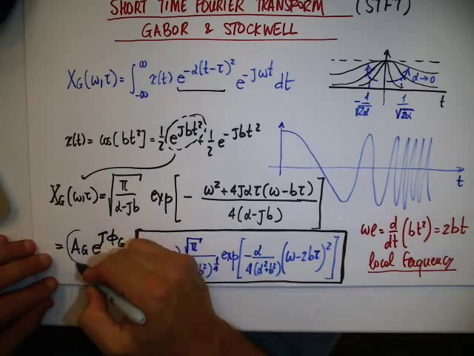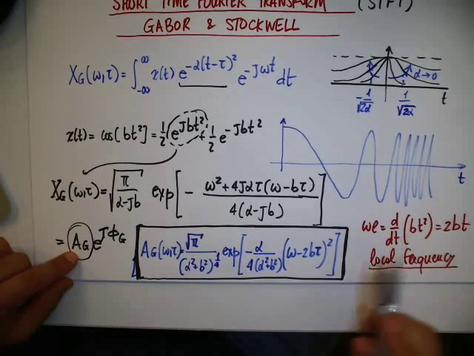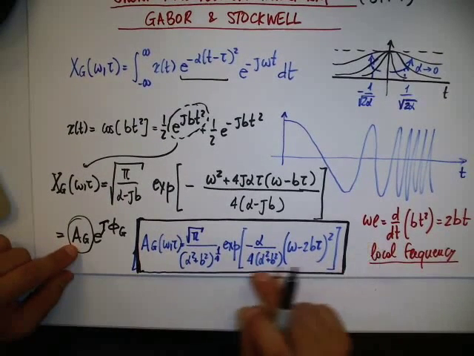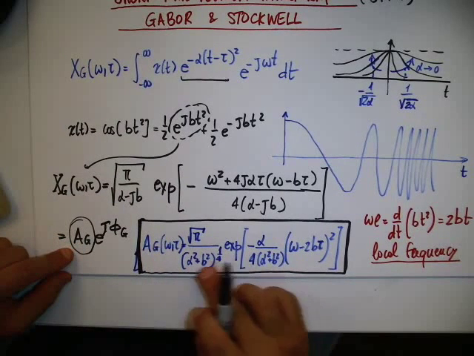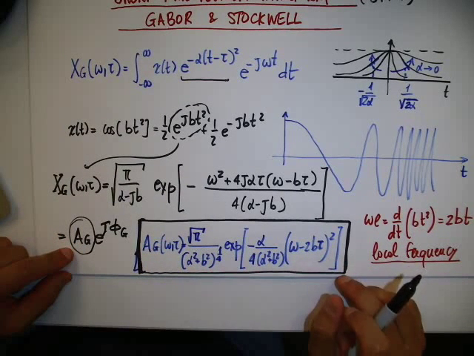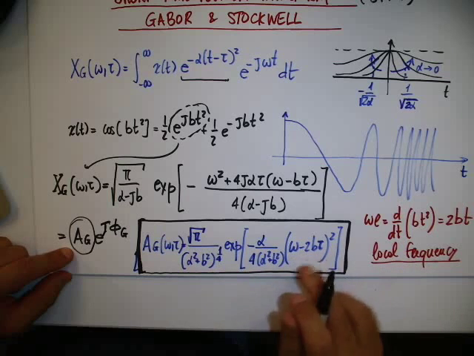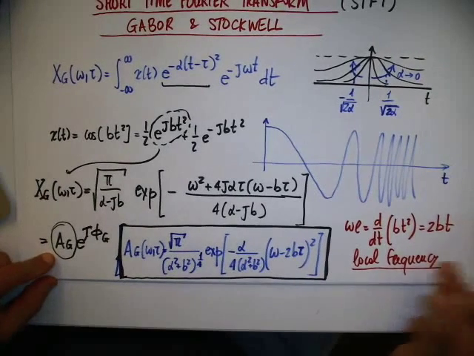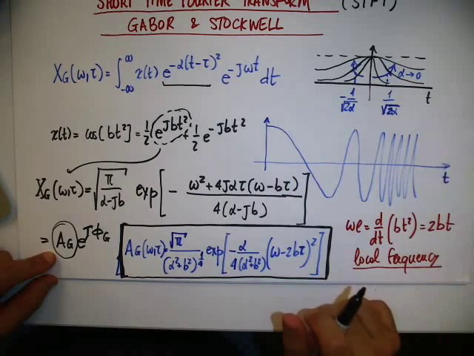And in particular, if we consider the amplitude, we were able to derive this very nice expression. You can see that the amplitude of the Gabor transform is basically an exponential. It's still a Gaussian bell, and it is centered at omega equal to b tau, which is basically the local frequency of the chirp signal.